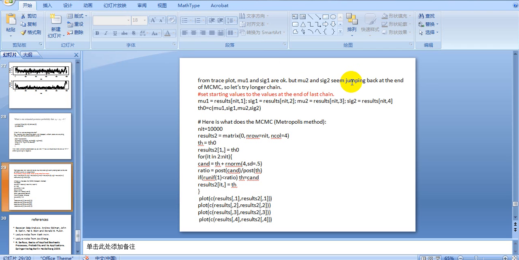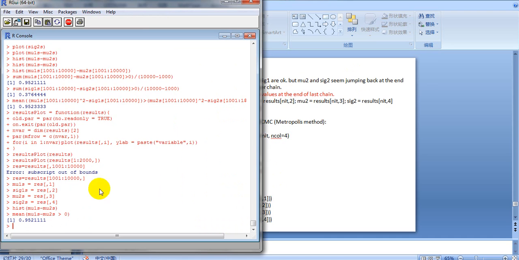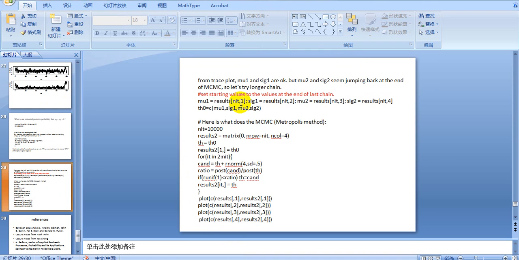If that's the case in your run, then you should try a longer chain. In this run, I think it looks okay. It didn't jump back at the end, but every time you run it, it can give you a different result, just because of the randomness.